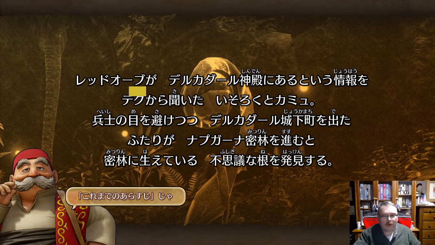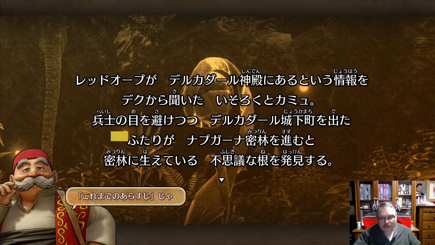So the red orb is in Derukadaru Shinden, so the palace or the temple of Delkadar. So what this says altogether is Isoroku and Kamyu heard from Dek information stating the red orb is in the Delkadar temple. Okay, that's how the grammar works. Once you get used to the grammar, this is all going to be a lot easier.